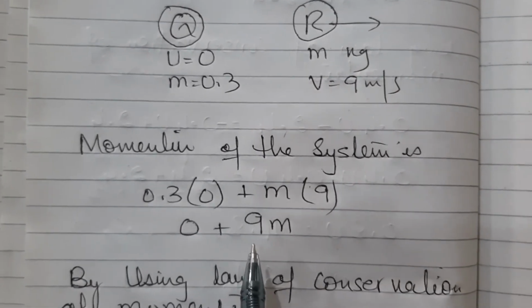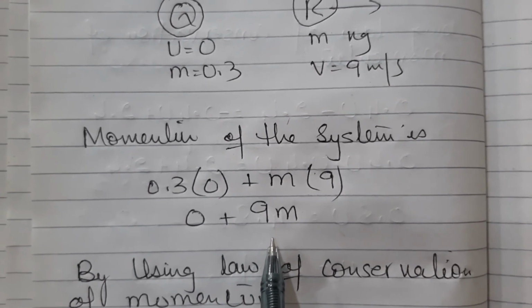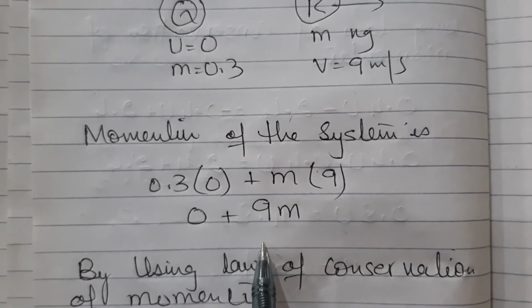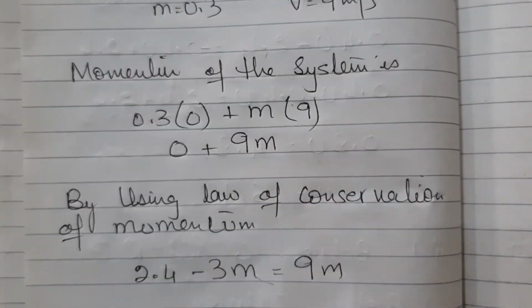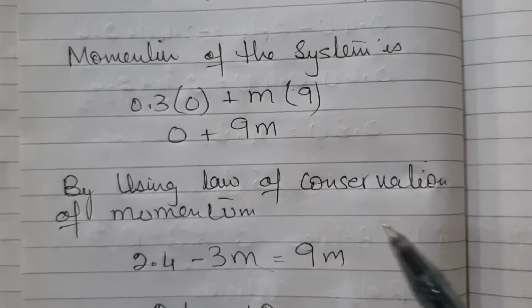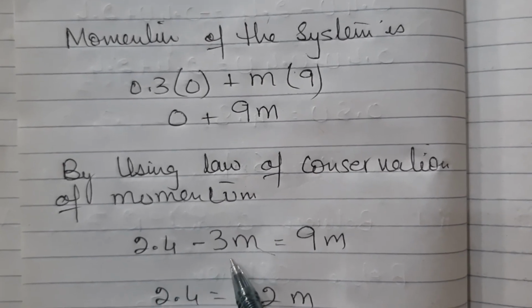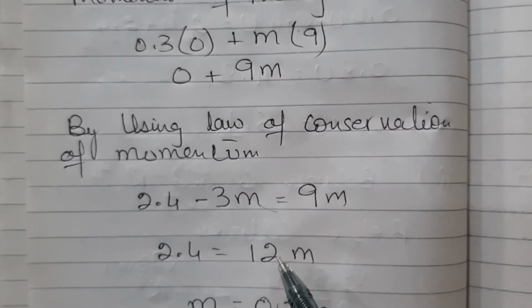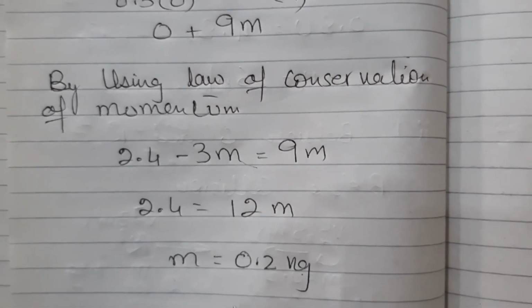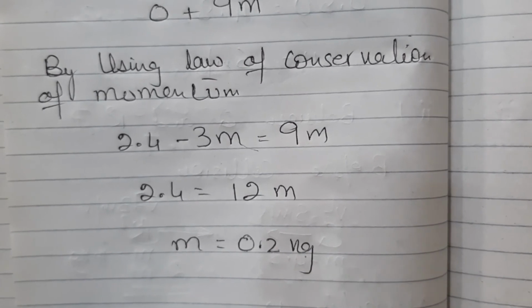So I get the momentum of the system as 9m. This is the momentum of Q and R after collision. So by using the law of conservation of momentum, I'm putting the momentum before collision equal to the momentum after collision. It helps me to form an equation and I calculate the mass of body R, which is 0.2 kg.